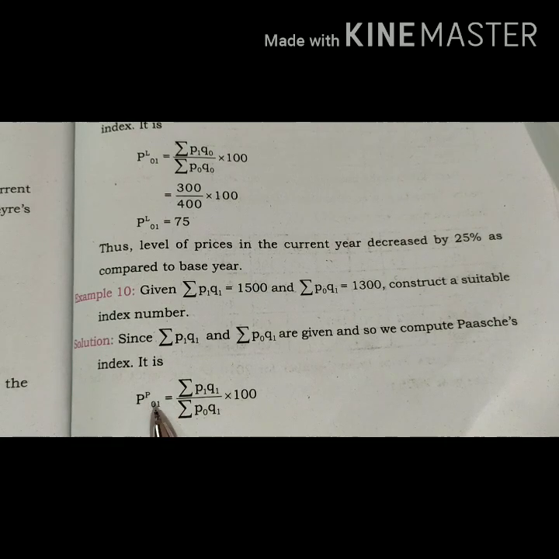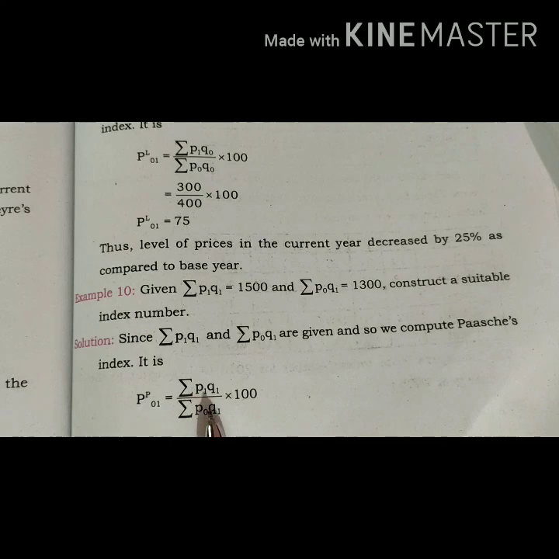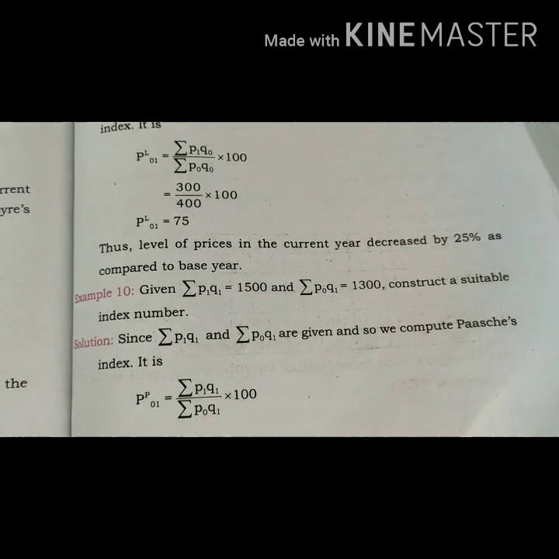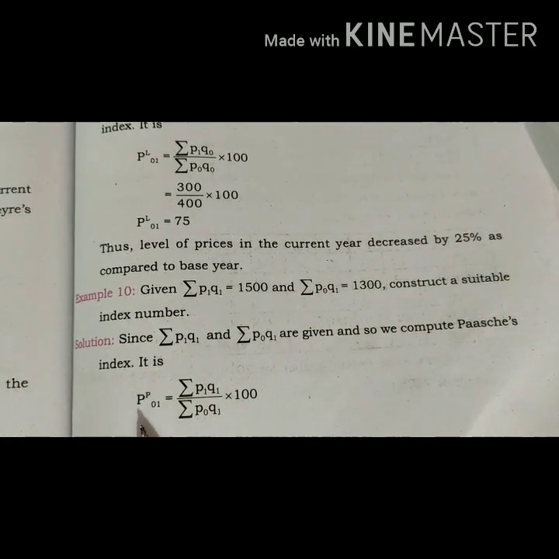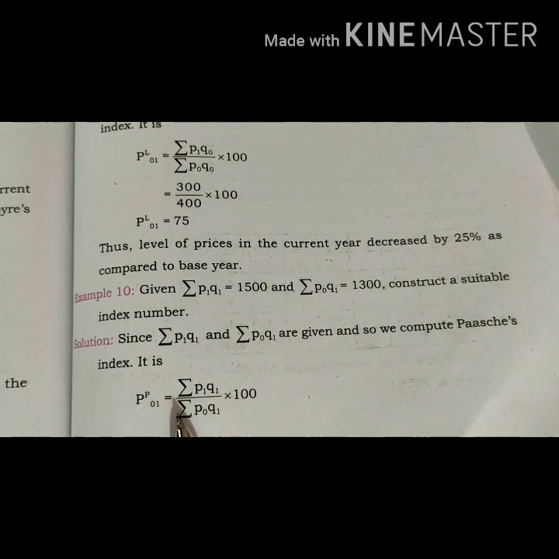It is P01 to the power P, which is equal to sigma P1 Q1 divided by sigma P0 Q1 into 100.